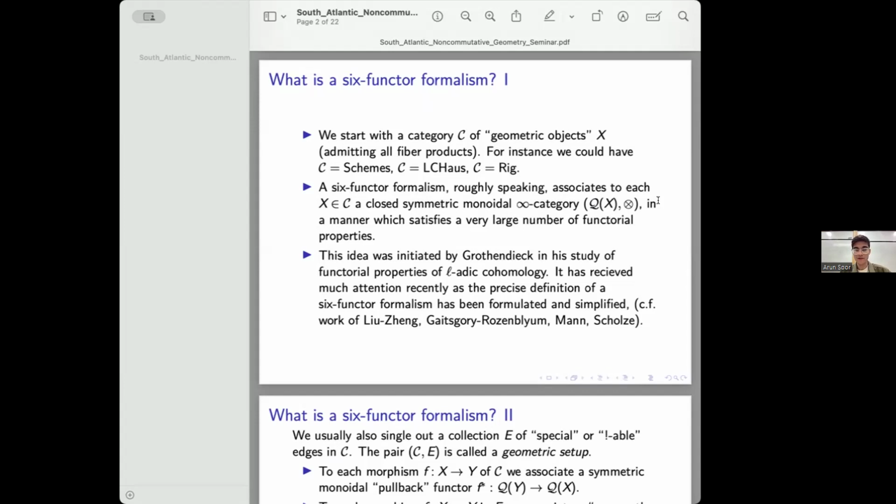This is due to work of Liu and Zheng, Gaitsgory and Rozenblyum, Lucas Mann, and Peter Scholze in various iterations. In this talk, we will use a definition of a six-functor formalism as formulated by Lucas Mann.